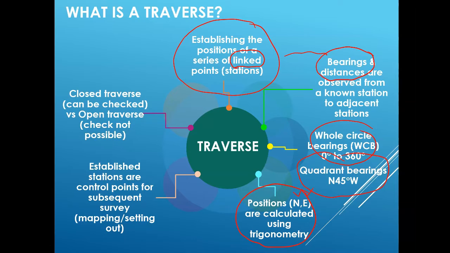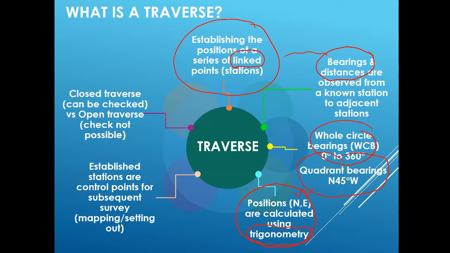The values that we observe, the bearing and distances, just need simple trigonometry calculations to provide us with the things that we want. So there's no high-level computation involved, just the basic trigonometry, which I'm sure you are used to.